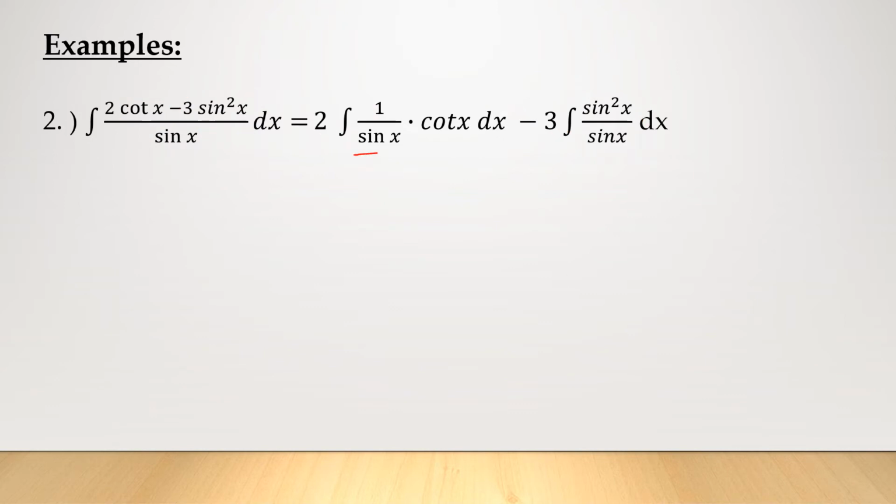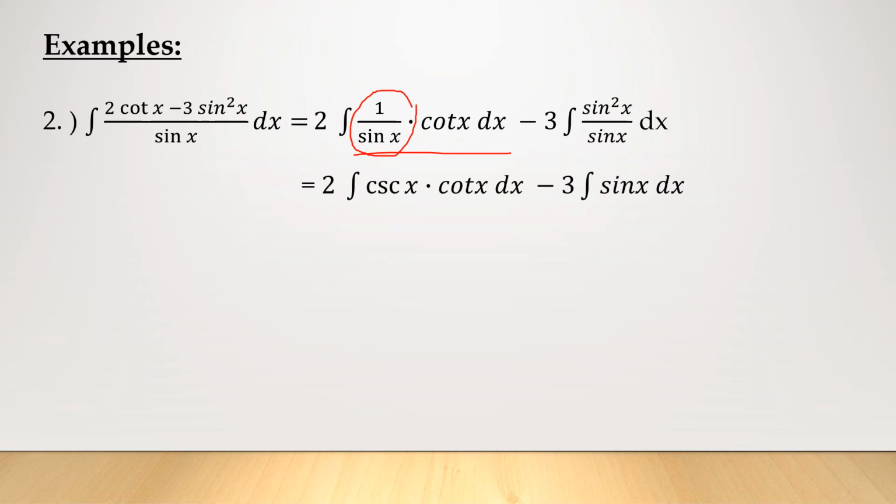Now this one, I did not directly treat as cotangent x over sine x, because I have to rewrite this; I have to get its trigonometric identity so that I can use its equivalent integral. So, the identity of 1 over sine x is cosecant x. I'm going to multiply it by cotangent x dx.